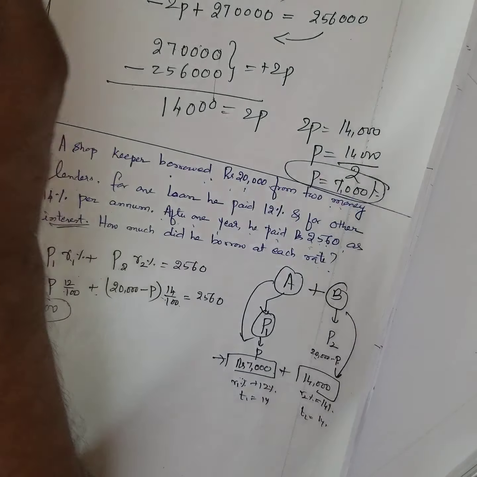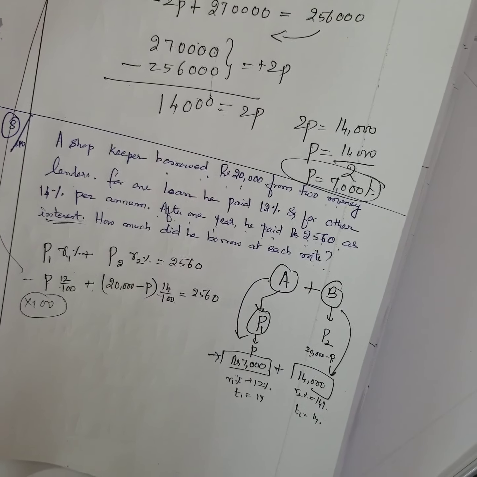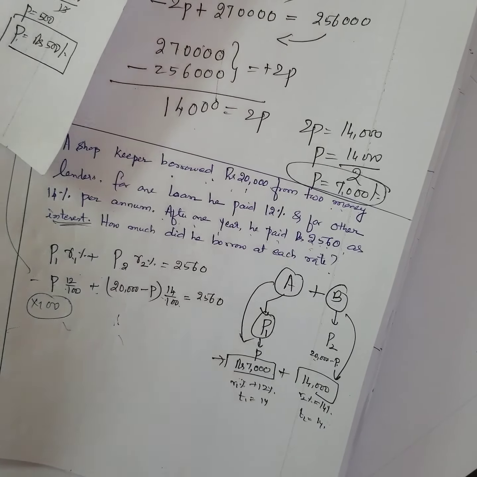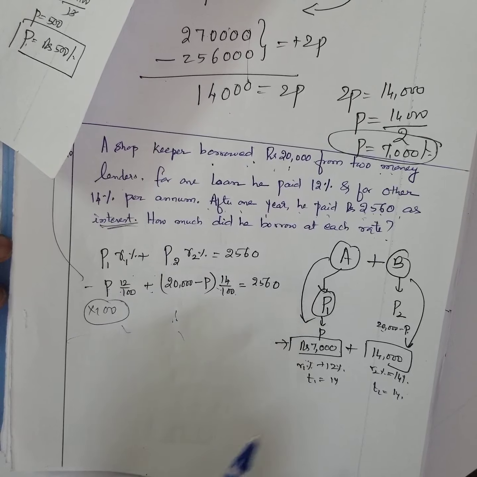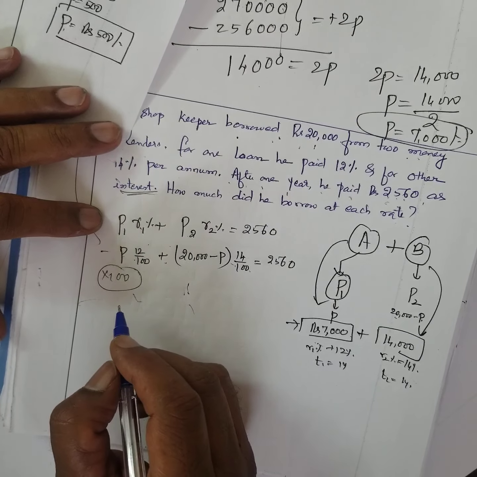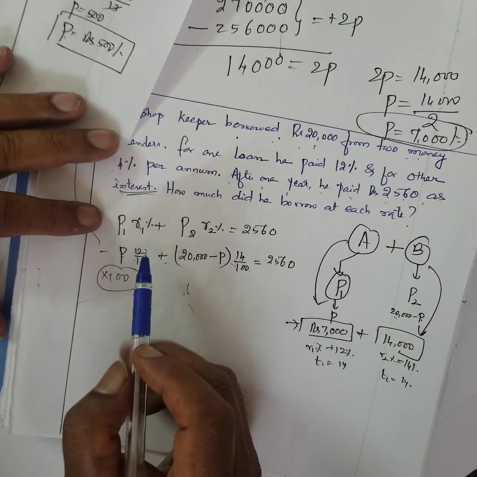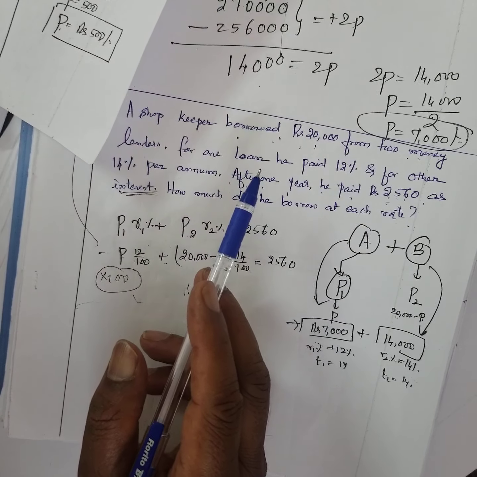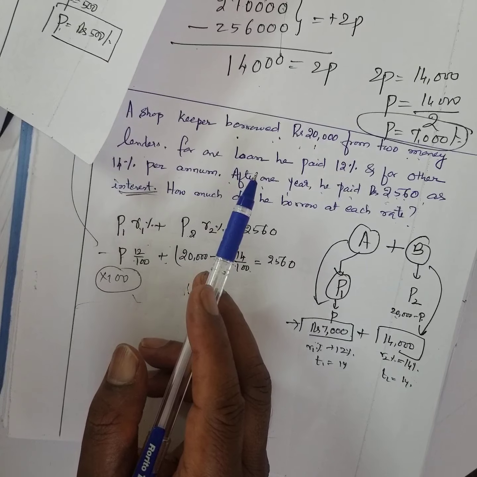Still, let us just verify and see. I have my own doubt, I am not getting it proper. Let us see. First person, 12%, no? The principal, how much are we getting here? P, calculation of P is very, very important.